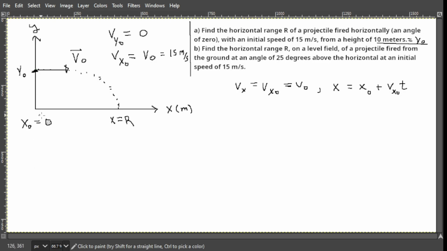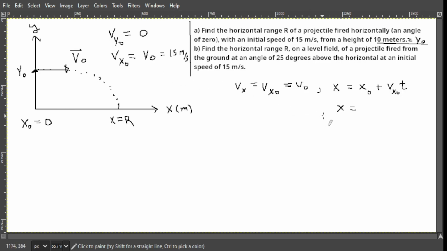That is, wherever I fire my cannon from, that's where x equals 0. So x0 is equal to 0. And then in this case, the constant velocity in the x direction is just v0. So that's going to tell us that. Now, using these simplifications, my next step is to use whatever I know from the initial conditions to simplify my equations.